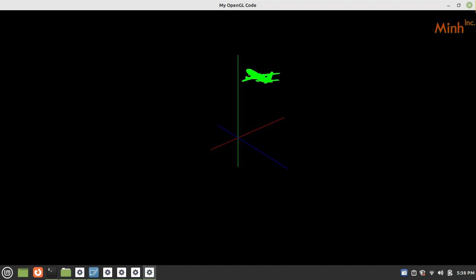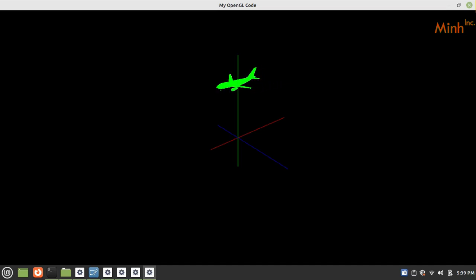So we'll rotate again. So it is ready to take off and it is on the XZ plane, this aeroplane, because we have not shifted up or down. I can shift it up and down. Okay. Now it is ready to take off. So it will proceed.